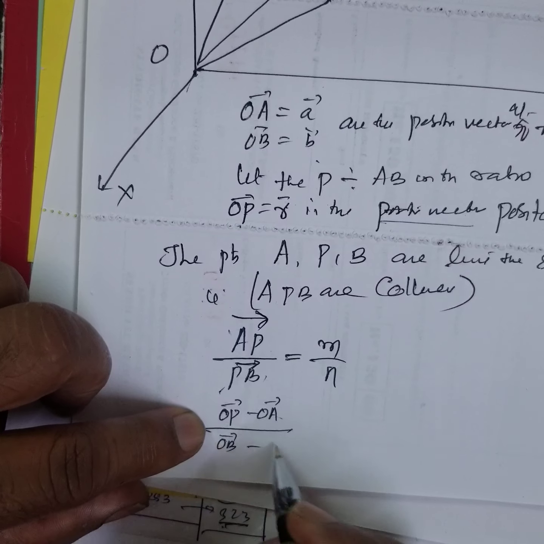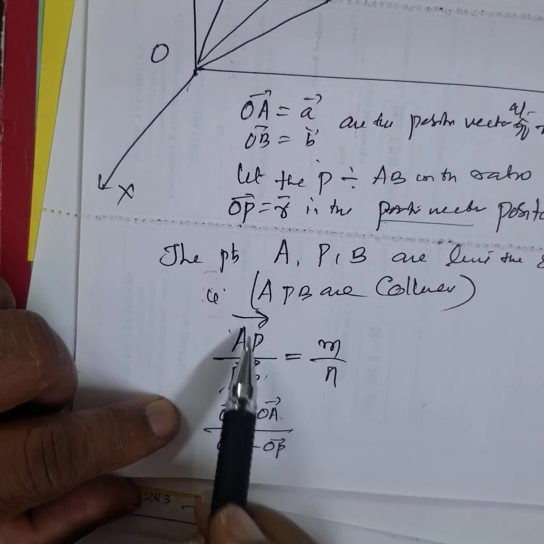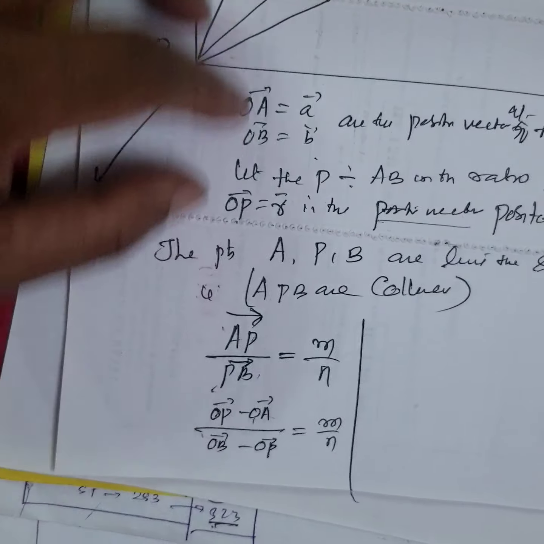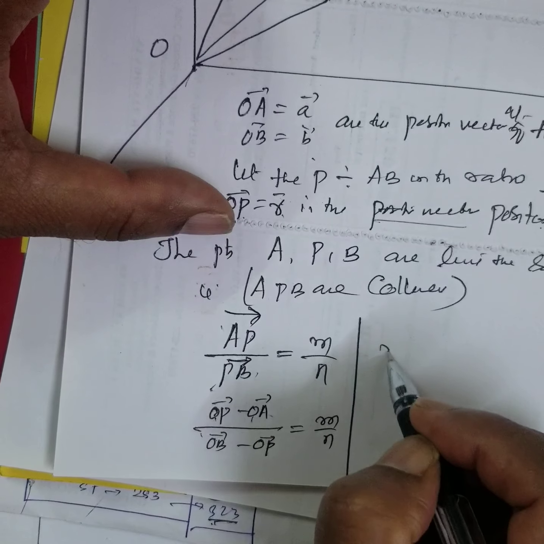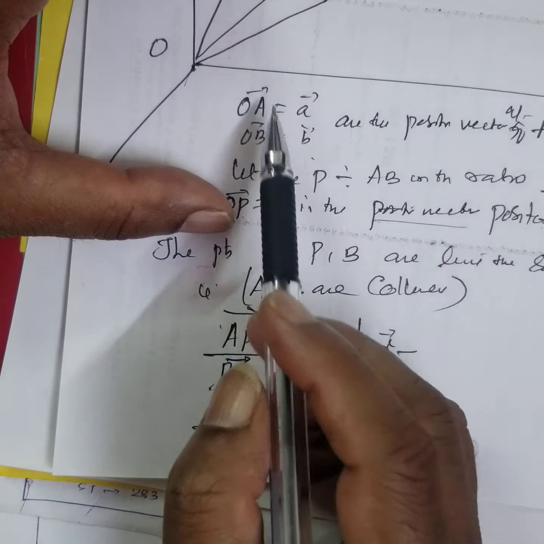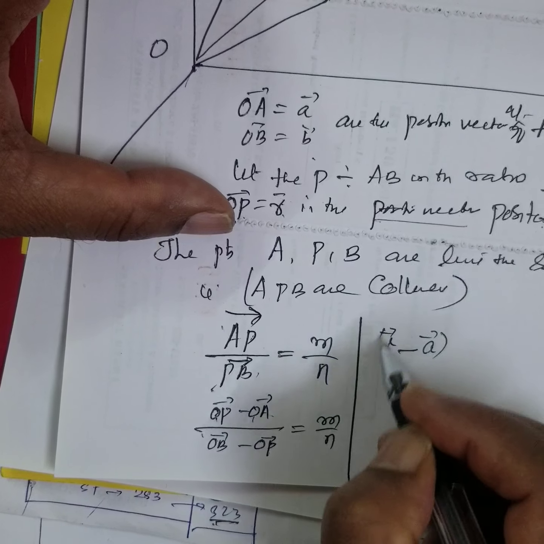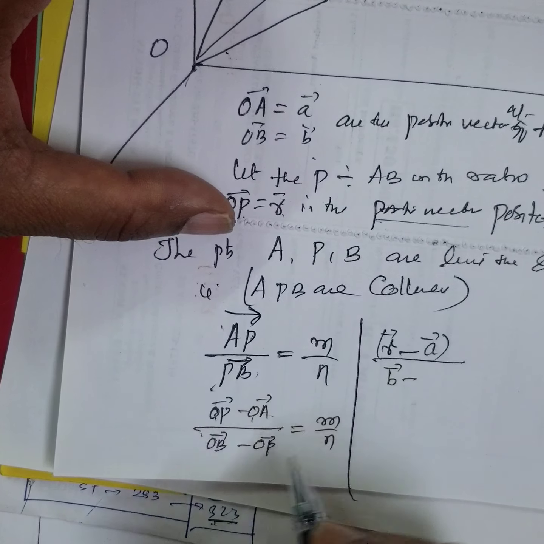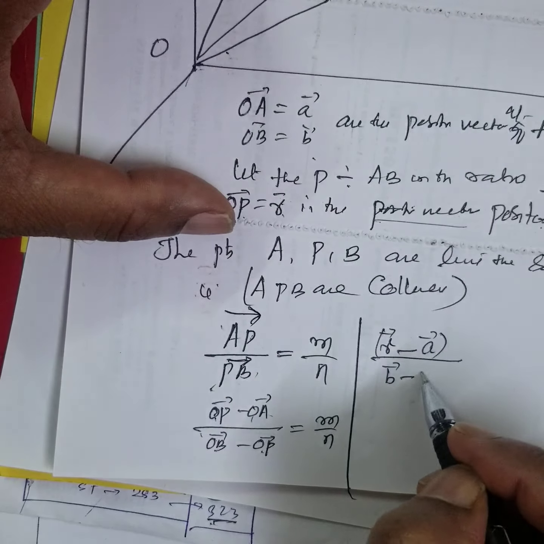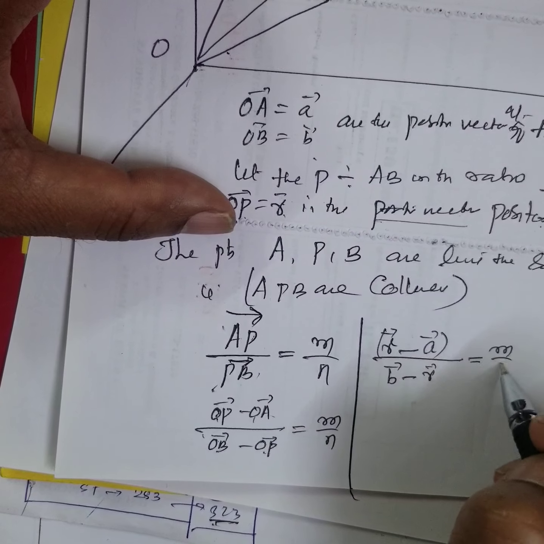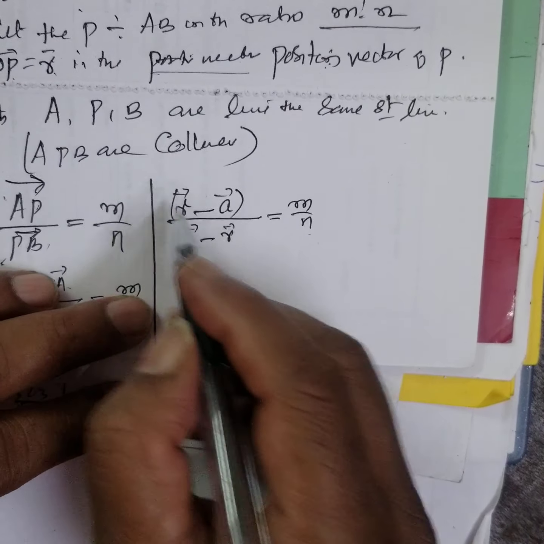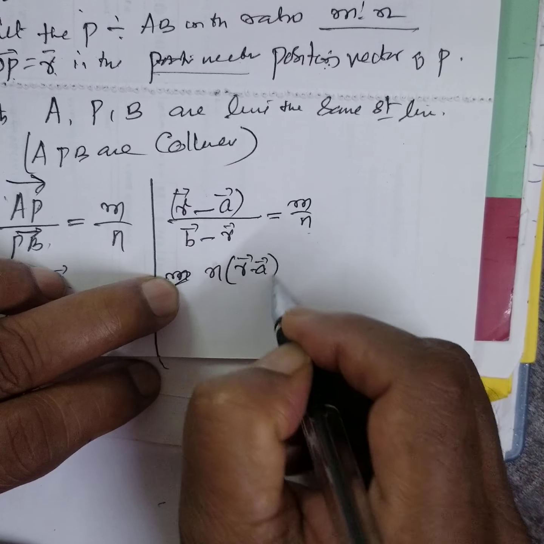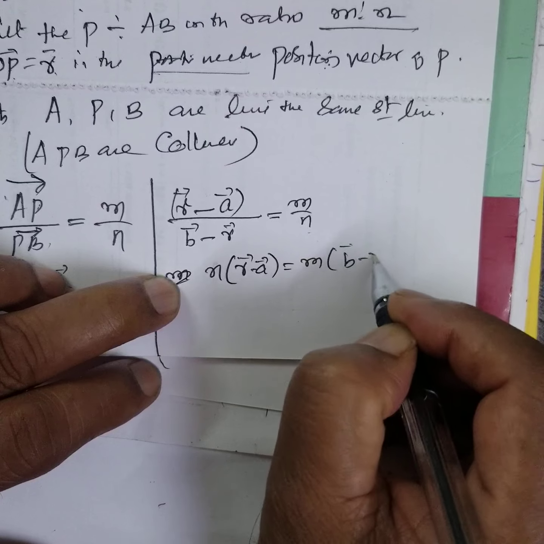Here it is OB minus OP. Second minus first, second minus first, is equal to M is to N. OP is R, OA is A, OB is B, and OP again is R, equal to M is to N. Cross multiply this: N times (R minus A) is equal to M times (B minus R).